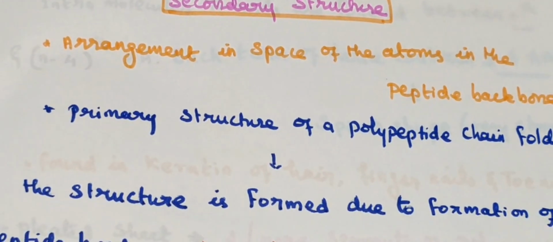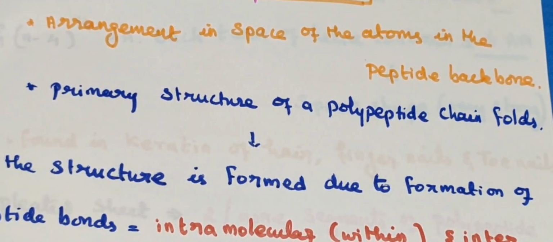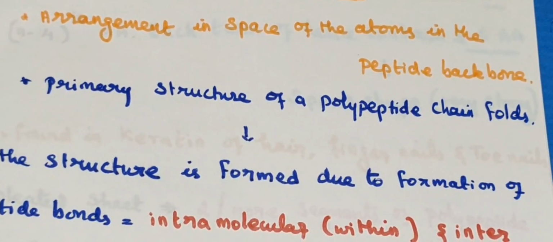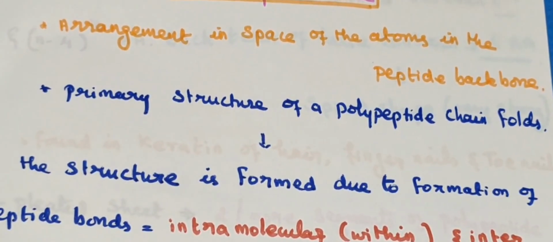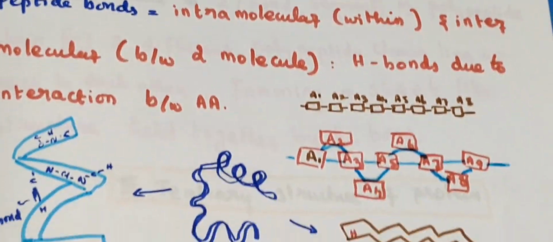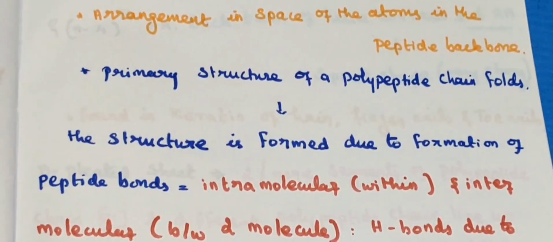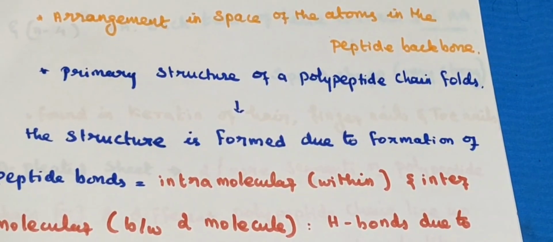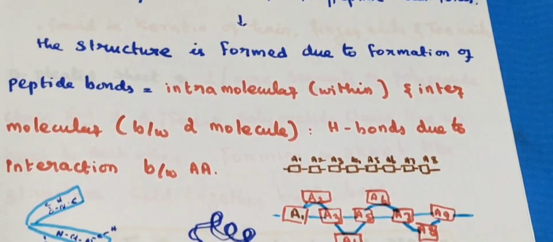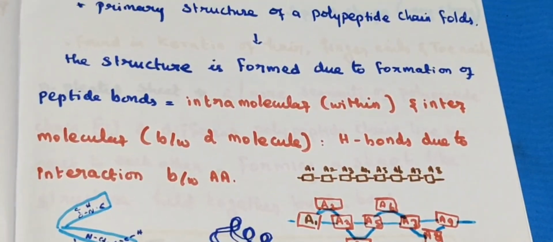Next is the secondary structure of protein, the arrangement in space of the atoms in the peptide backbone. The primary structure of a polypeptide chain folds, so primary structure folding gives us the secondary structure.